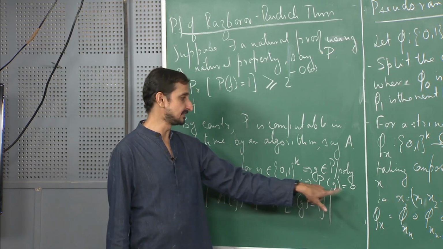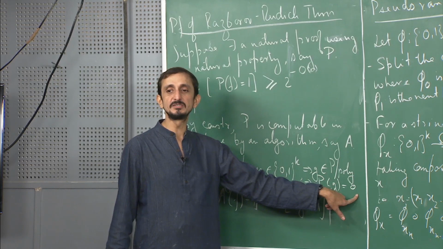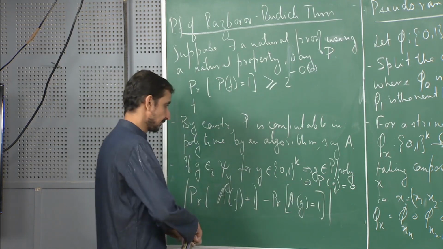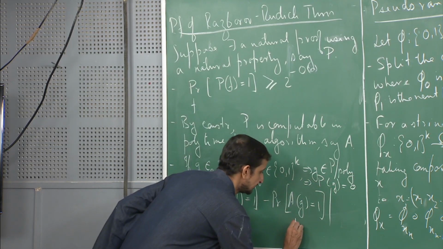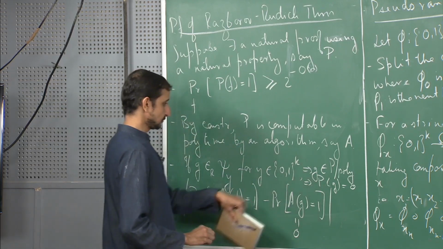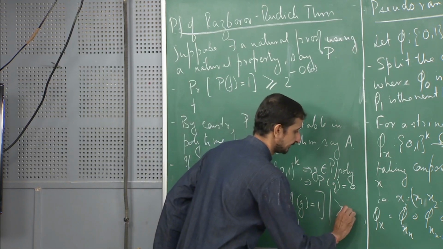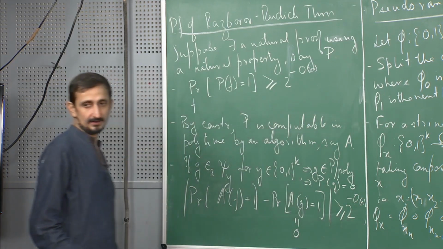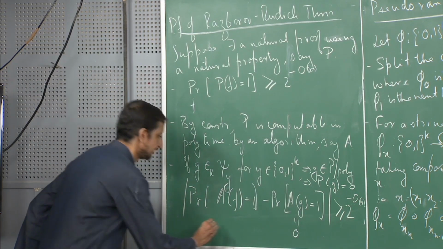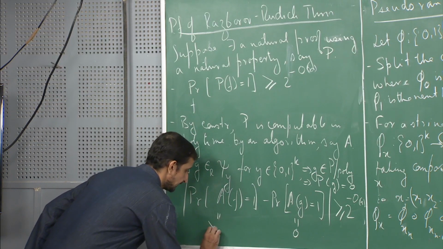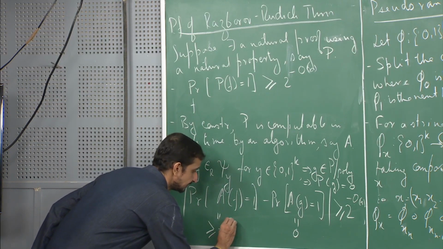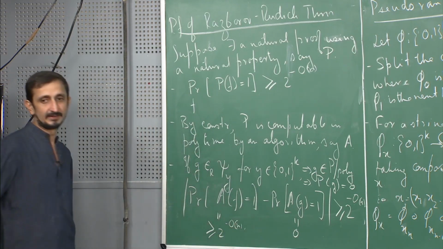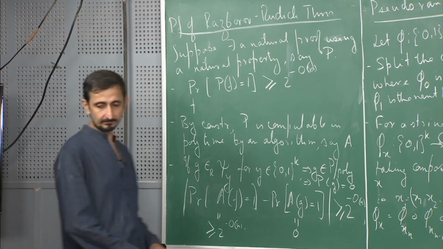Because G does not belong to P/poly. P of G is equal to 0, right? So therefore probability A of G, this thing is actually equal to 0. So therefore this probability is also greater than 2 to the power minus order n, because the left hand side here is greater than or equal to 2 to the power minus order n, right?